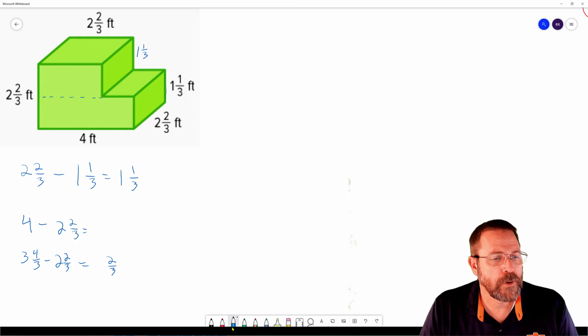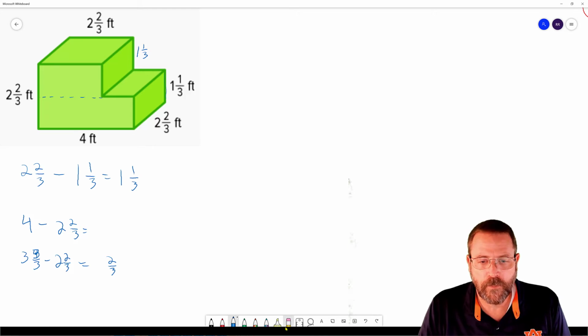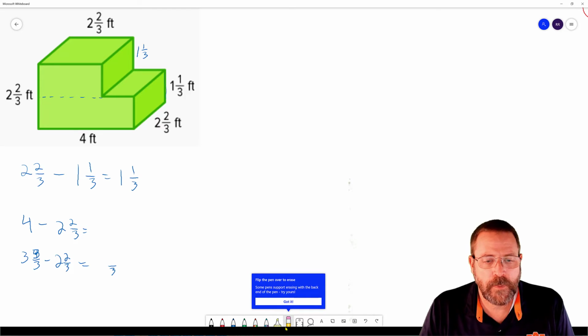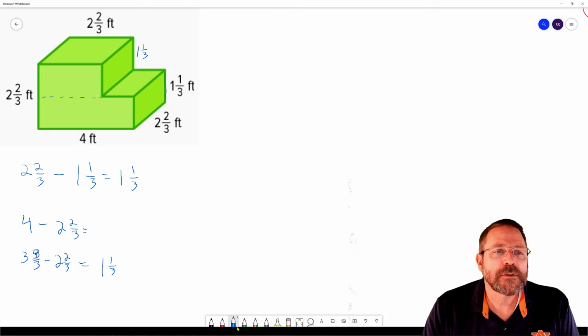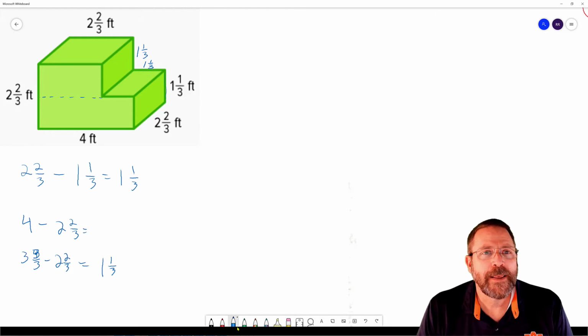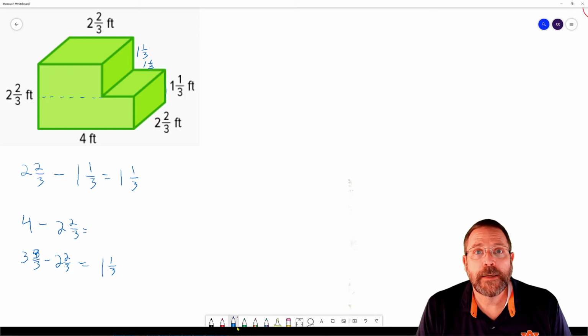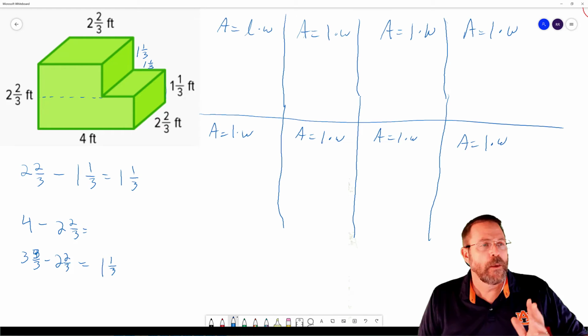I'm sorry, that should be 3/3, not 4/3. So 3/3 minus 2/3. Let me erase that. That's going to end up being a 1/3 right there. And then 3 minus 2 is 1. So this distance across here is also going to be 1 1/3. And that gives me the information I need to get started.